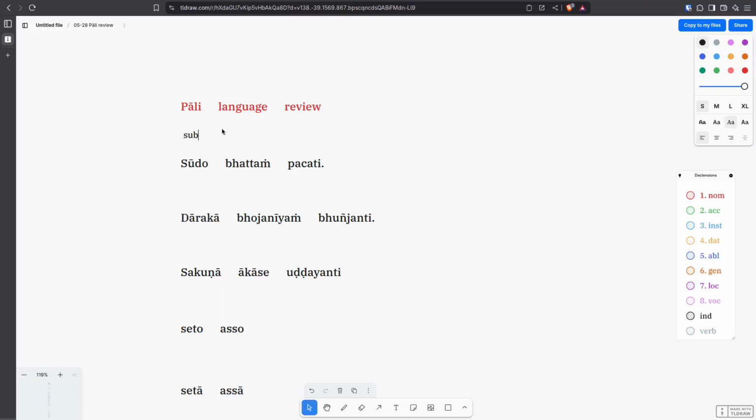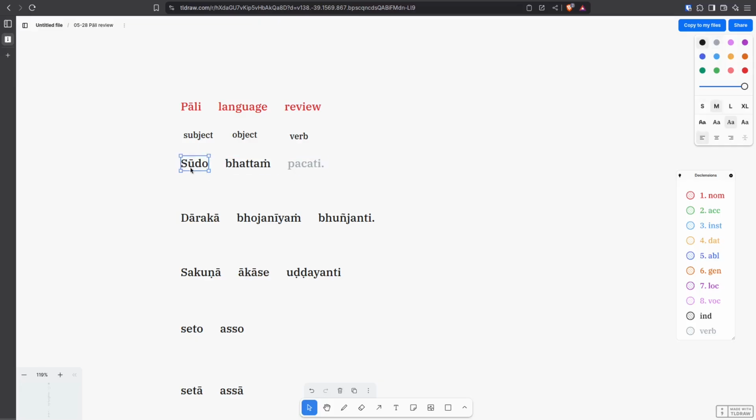So you have a subject, you have a verb, and then the object: subject, object, verb. Does anyone recognize this sentence? The translation is also on the paper. Sudo odanam pachati: the verb is pachati, so present tense.